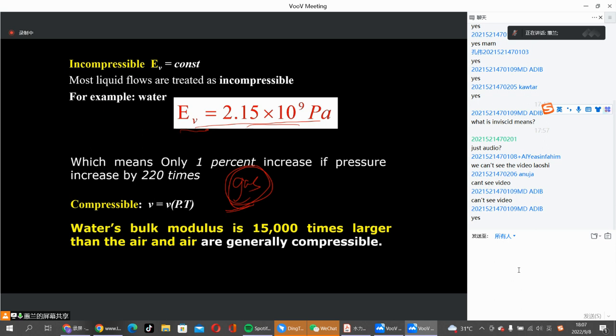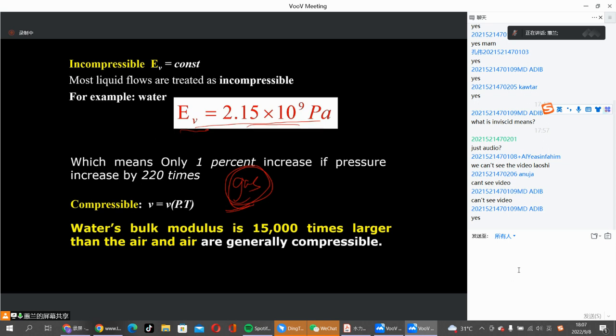When we say the fluid is incompressible or not, we mean when the pressure changes, whether its volume changes easily or not. We say water is incompressible. Most liquids we treat as incompressible, air as compressible.